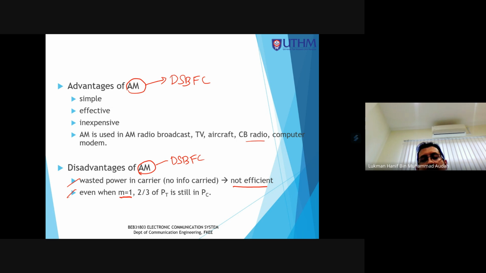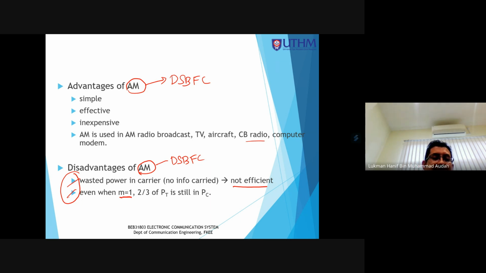You're going to see later about this issue. Both of these statements will be proved later when we learn about the AM power calculations. You're going to see why double sideband full carrier will waste more power compared to the other types of AM.